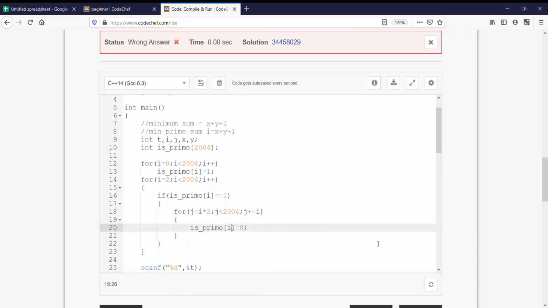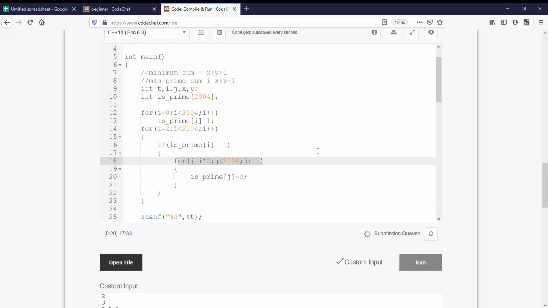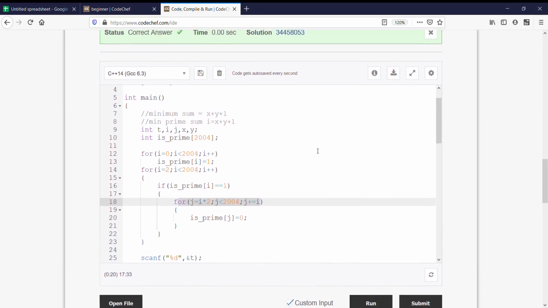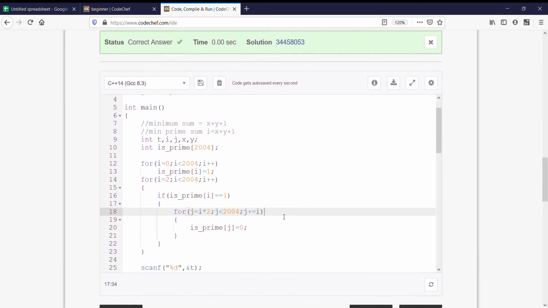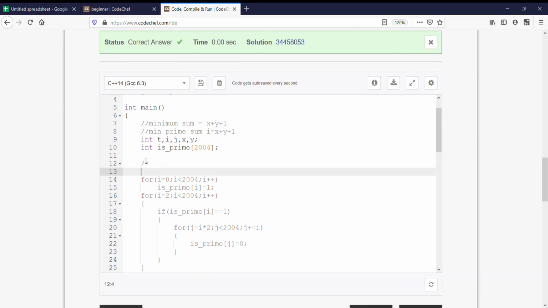Yes, it is this one: isPrime of j, because we are inside the j loop. So again, let us submit. We got the correct answer. Let us comment this out and copy paste approach 3.